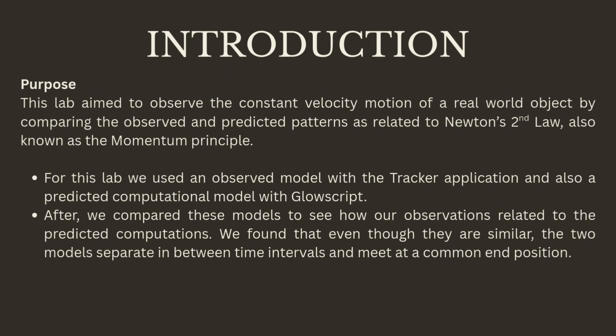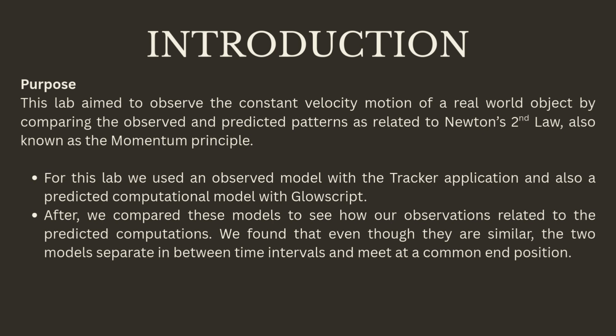So in this lab, we aimed to observe the constant velocity motion of a real world object, which was the expo marker, by comparing the observed and predicted patterns as related to Newton's second law, which is also known as the momentum principle. For this lab, we used an observed model with the tracker application and also a predicted computational model with GlowScript.